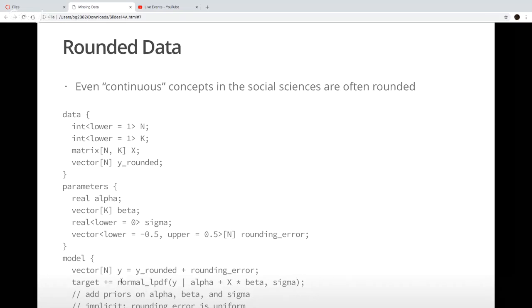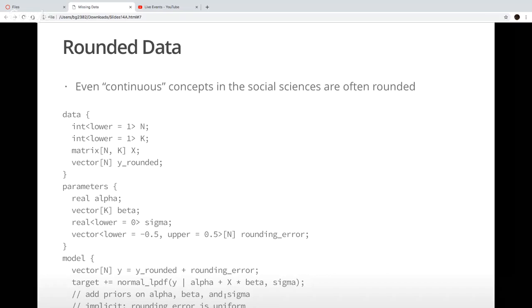And then we have just a normal log likelihood for the true y given alpha plus x times beta, and the standard deviation of the errors, sigma. We should add priors on alpha and beta and sigma, but that can be whatever you want.